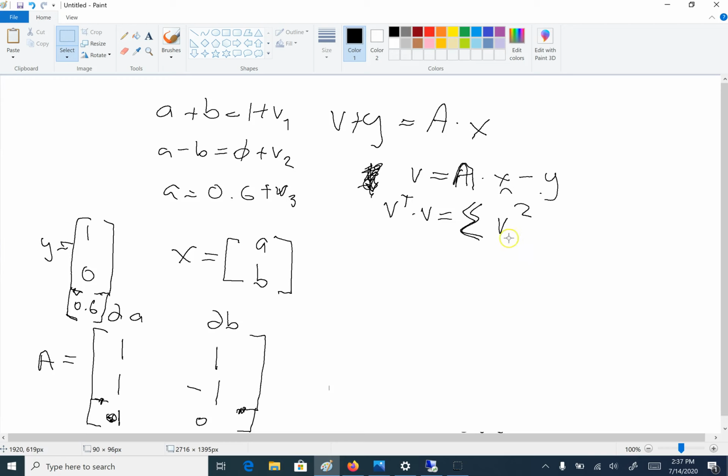So v transpose v is equal to the sums of the squares of the residuals, and we want to minimize that. So in order to minimize it, let's take the partial derivative.